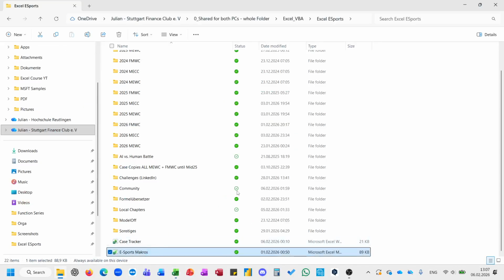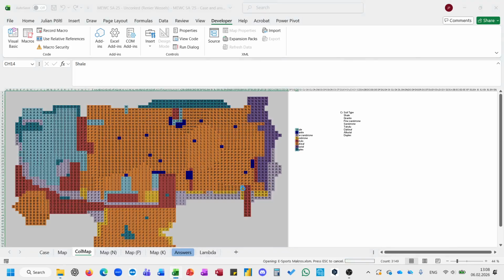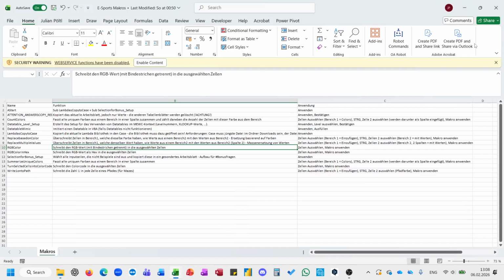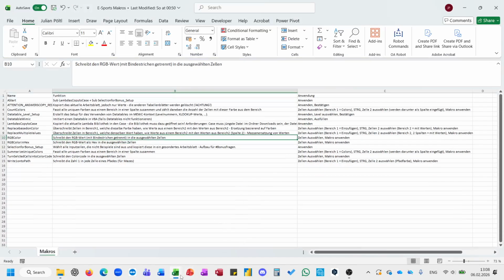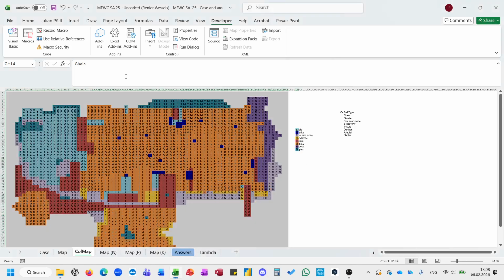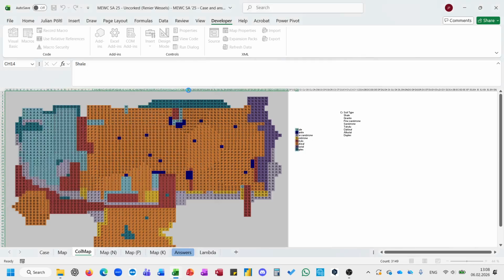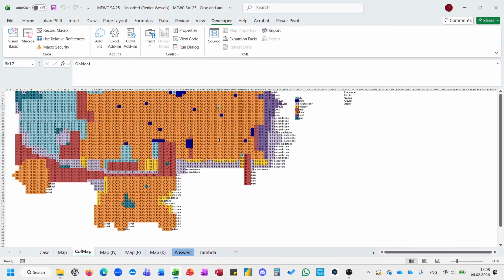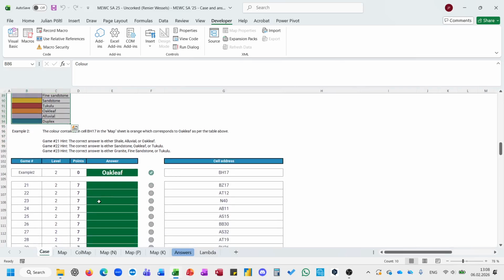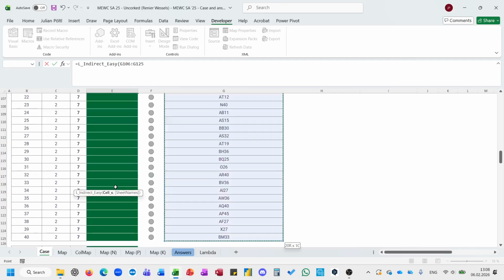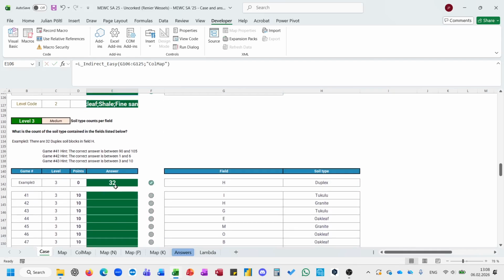Sometimes it has not detected everything. Replace based on color. Okay, here we go, and then we can use equals EASY INDIRECT for those cells and call it map. Done.